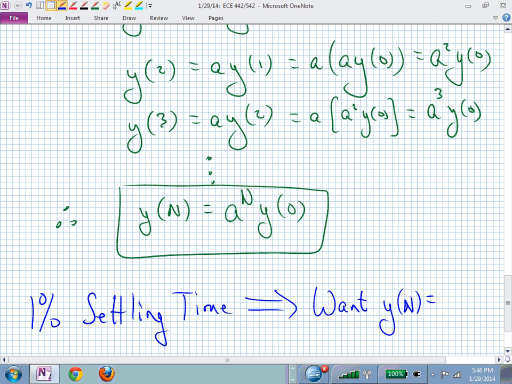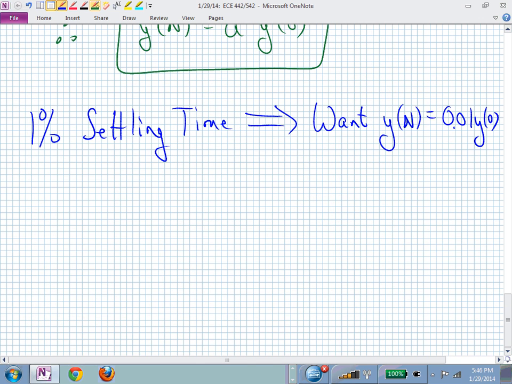If we want to make y of capital N equal to 1% of y of 0, we just multiply y of 0 by 0.01. So this is now 0.01 y of 0.